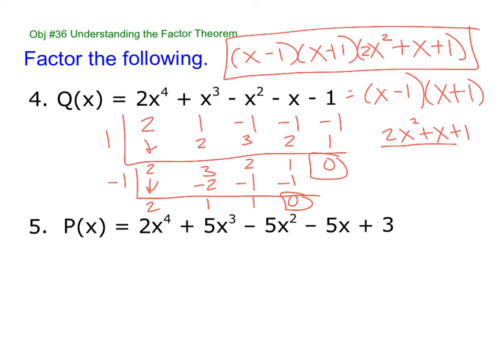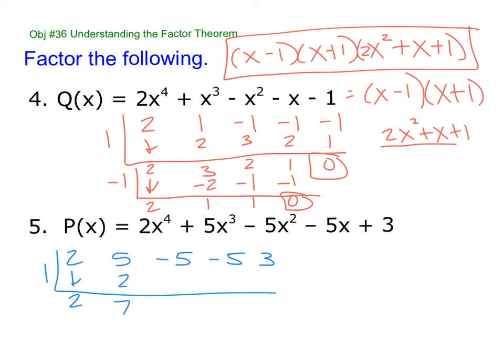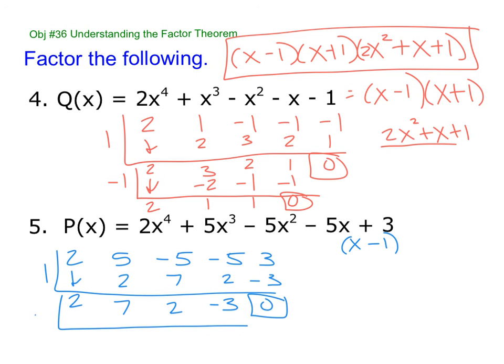All right, last one. Again, it's going to be 2 steps. So 2, 5, negative 5, negative 5, 3. So factors of 3. 2, 7, 7, 2, 2, negative 3, negative 3. Nice. So we got an x minus 1. And then try a negative 1. 2, negative 2, 5, negative 5, negative 3, 3, 0.